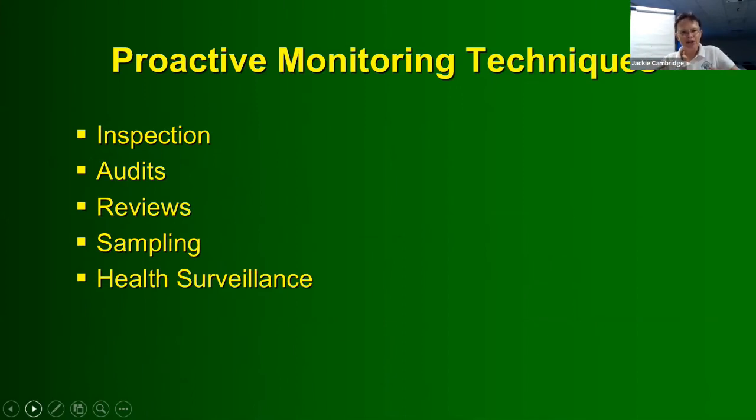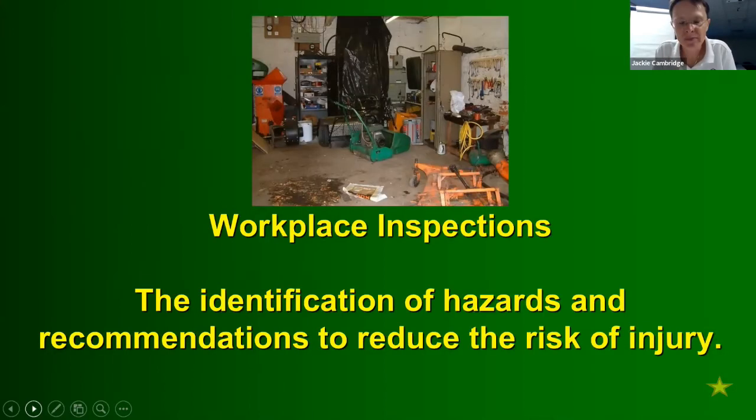It's proactive. I'm going out and trying to find out what the situation is. Carry out health surveillance. So they are monitoring techniques, but some of the data that you gather could actually lead to a measure. Workplace inspections are one of the most important ways that you can monitor health and safety.